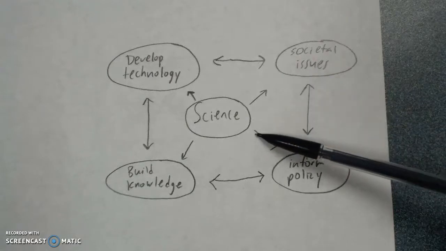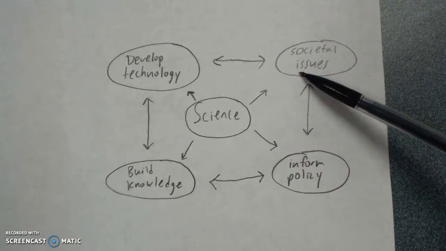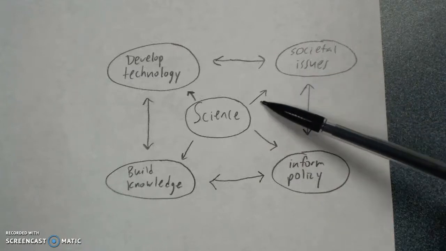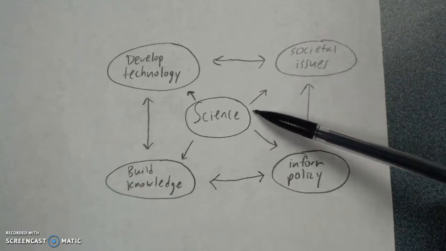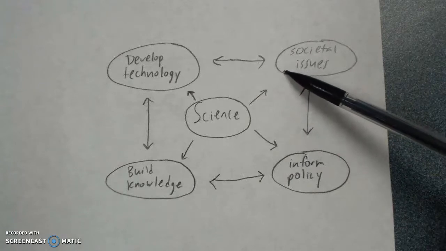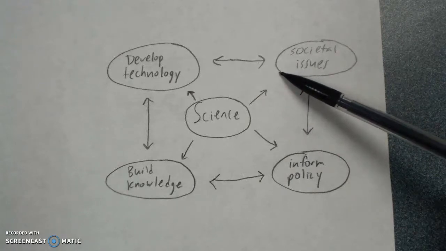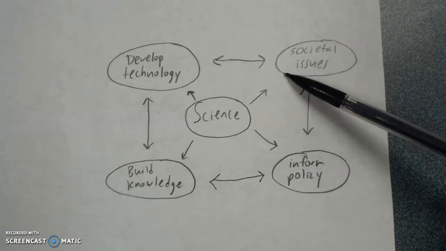How can science help us understand that societal issue? Well, it certainly can. We can learn about how increasing forest fires are related to climate change. We can learn about how forest fires are related to fuel loads in the forest. Science can tell us all sorts of things about this issue.